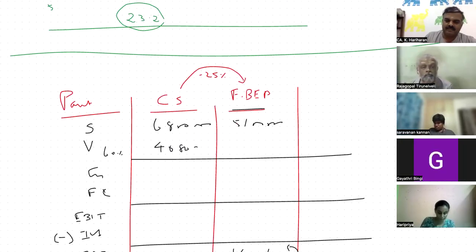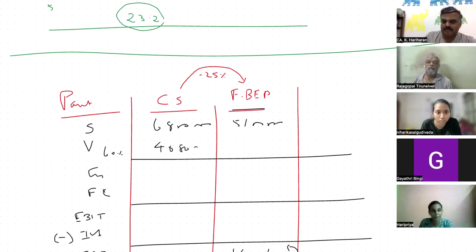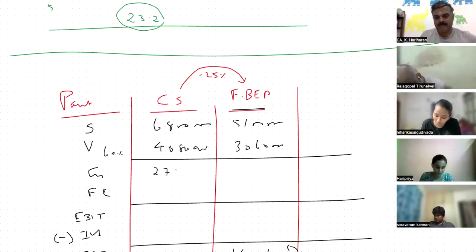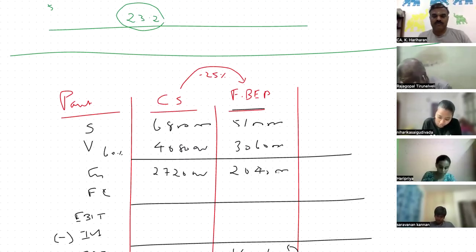Next case, 20 lakhs 40,000. Fixed cost is 16 lakhs 32,000. Irrespective of the reduction in sales, fixed cost remains the same, here also 16 lakhs 32,000.